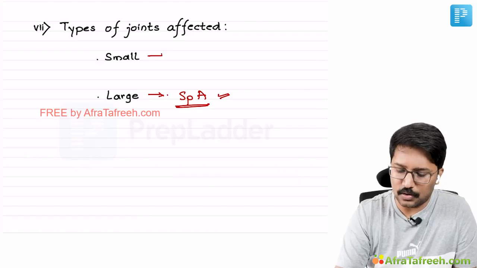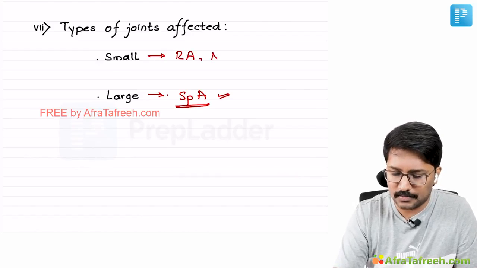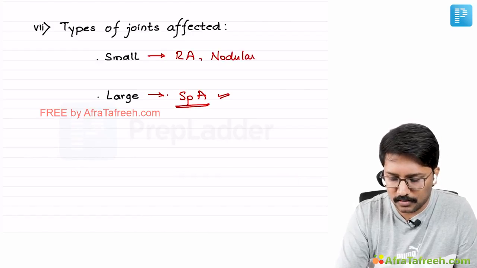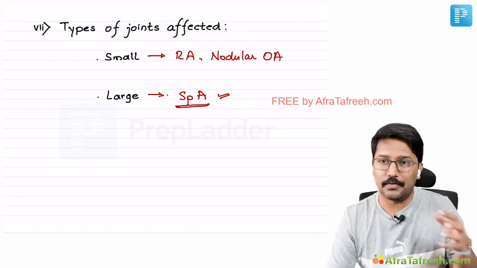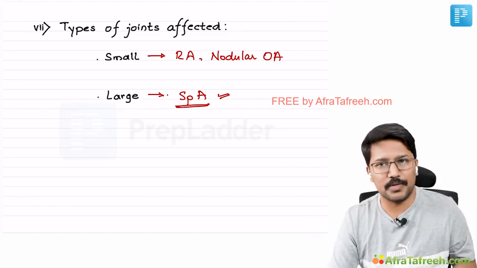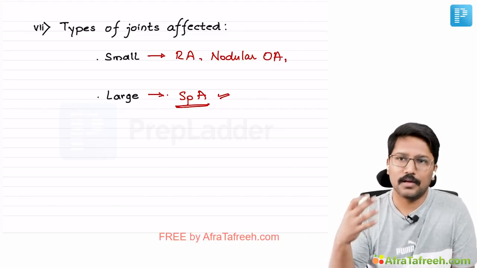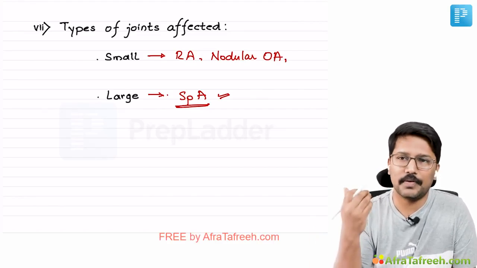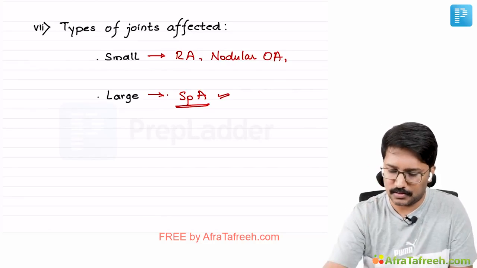On the other hand, there are a lot of disorders which predominantly affect the small joints, being rheumatoid arthritis and nodular osteoarthritis. The non-nodular osteoarthritis, which generally affects the weight-bearing joints, obviously is going to affect the large joints, right? But nodular osteoarthritis, being the disorder affecting the small joints of the hand in the form of nodules, affects obviously small joints, right?